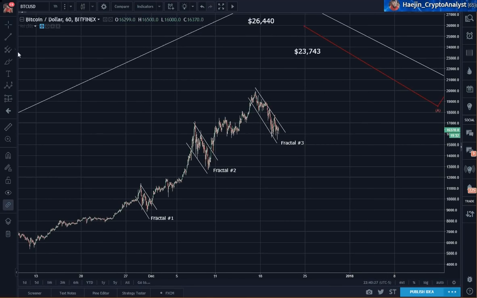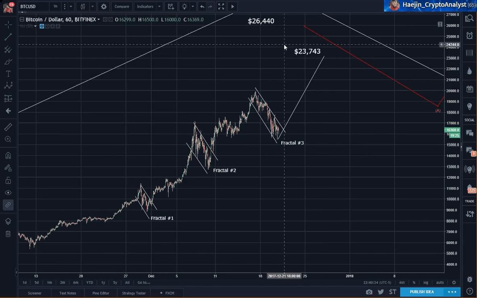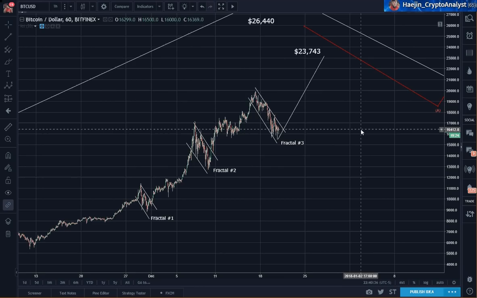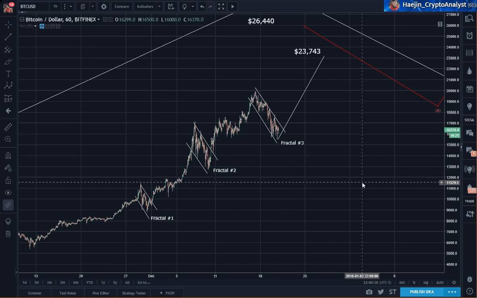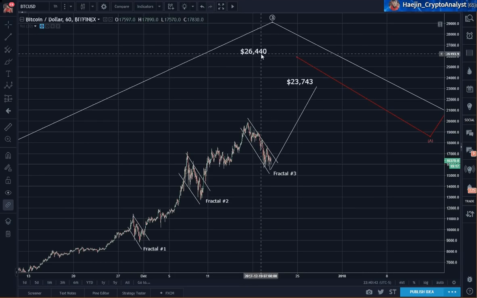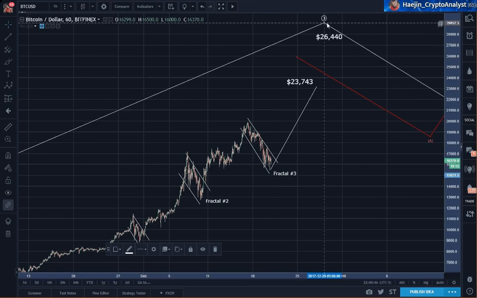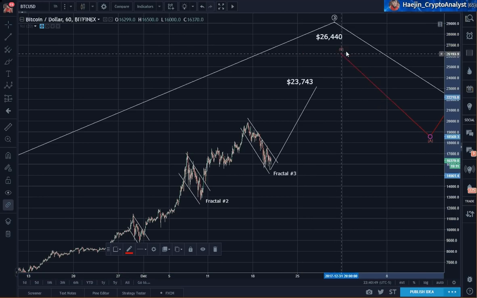In my opinion, price will go to the target of 23,743. And then after that, 26,000. Everything has now shifted to the right.